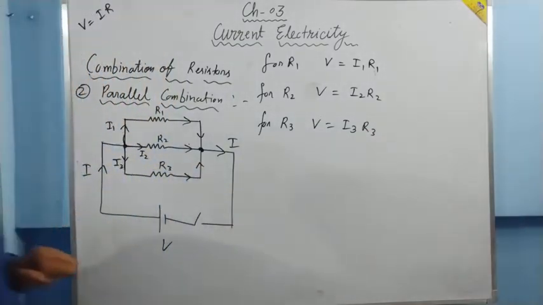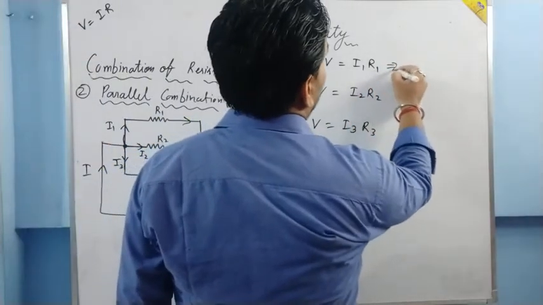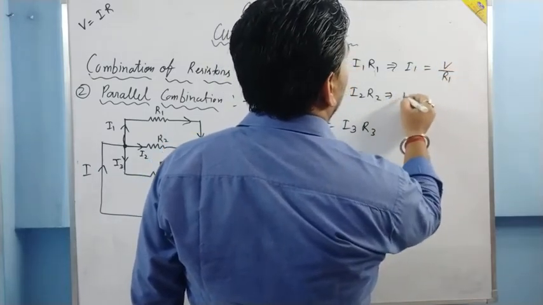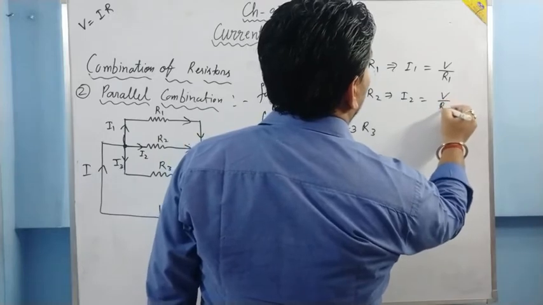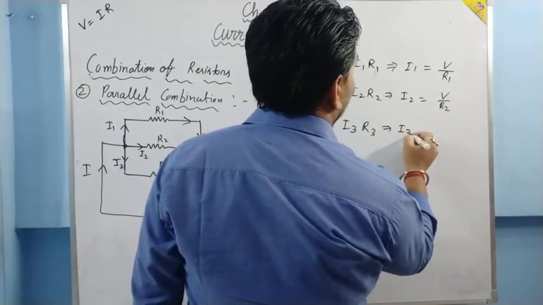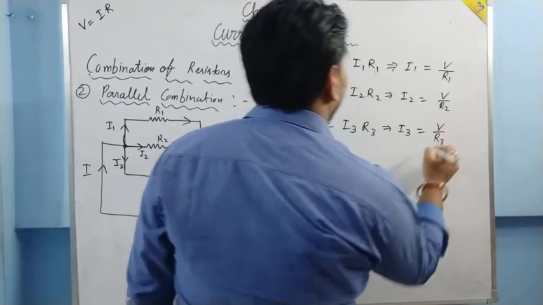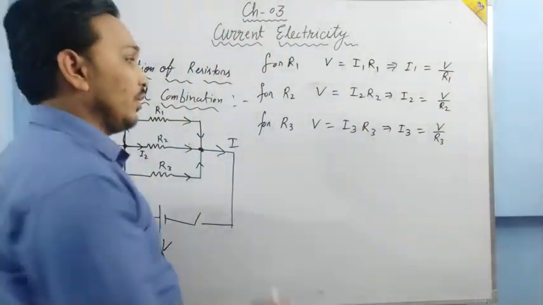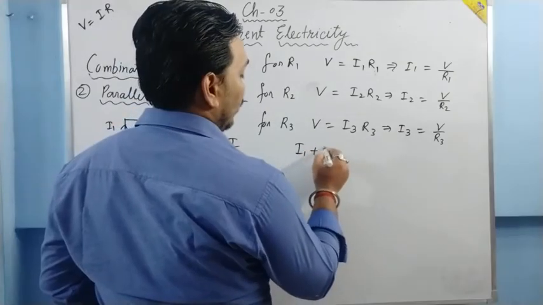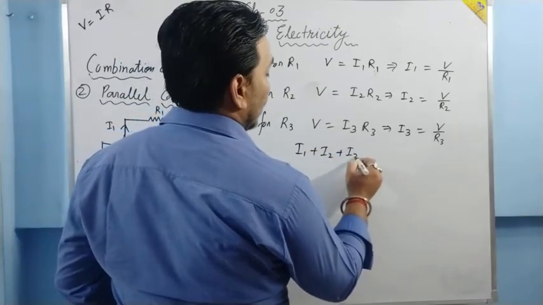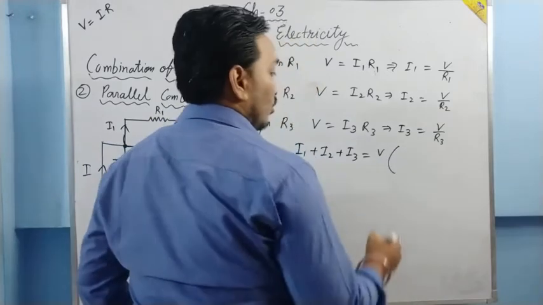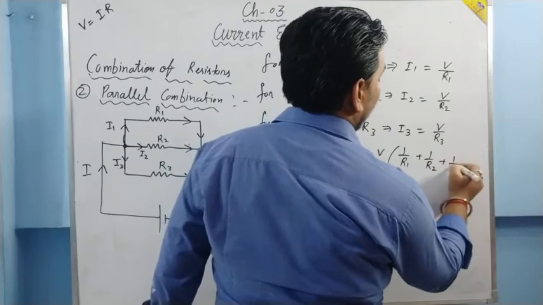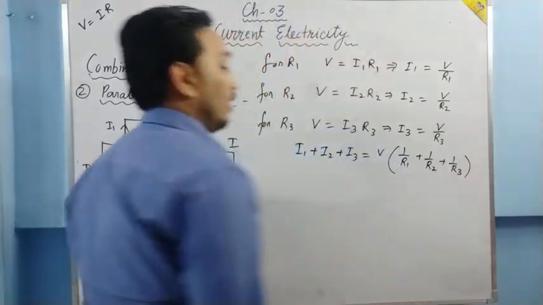From here, if we calculate the value of I1, it will be I1 is equal to V upon R1. I2 is equal to V upon R2. I3 is equal to V upon R3. Now add all of them. We get I1 plus I2 plus I3, and taking V as common, we have 1 upon R1 plus 1 upon R2 plus 1 upon R3.